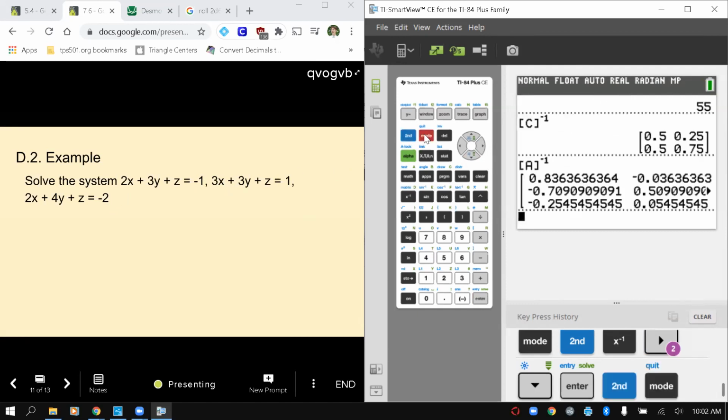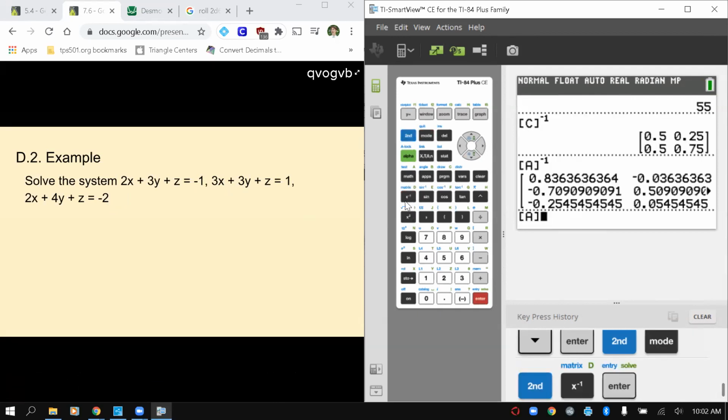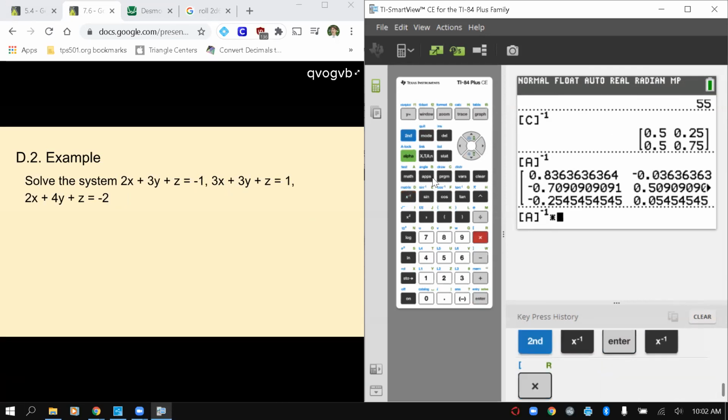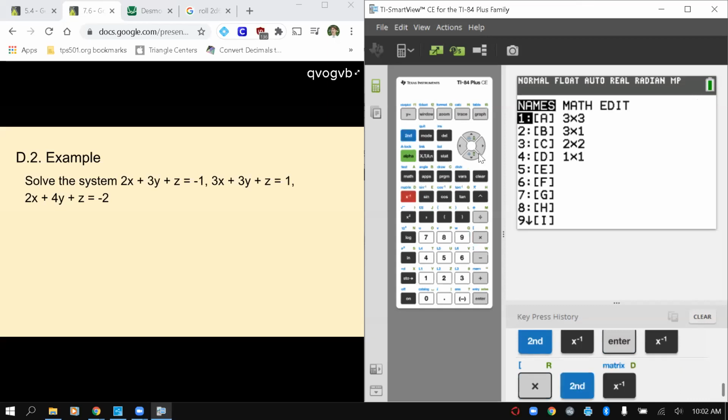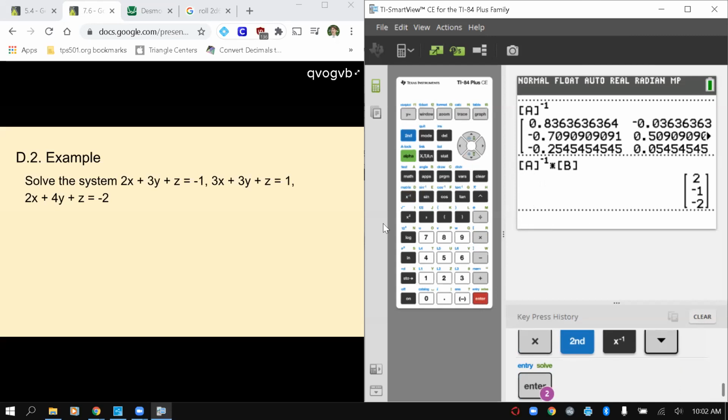To get my answer then, I'm going to take matrix A, invert it, and multiply it by matrix B. That's the answer. They intersect when x is 2, y is -1, and z is -2, or at the point 2, -1, -2. See how fast that was? Even with me talking through it, it was literally a minute.